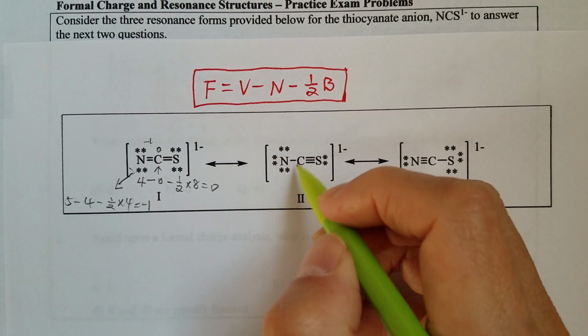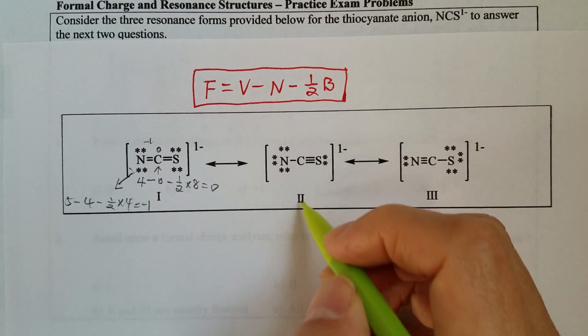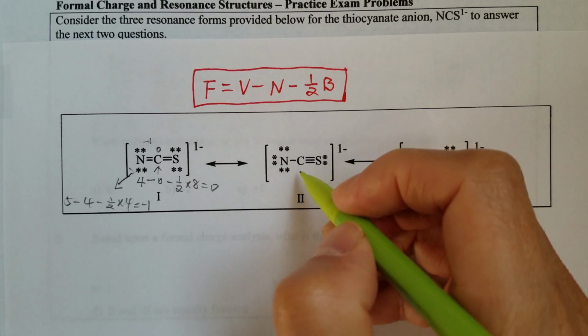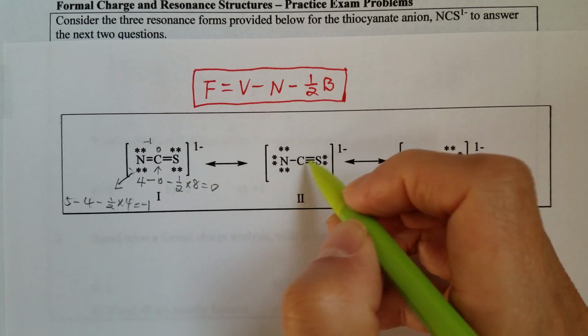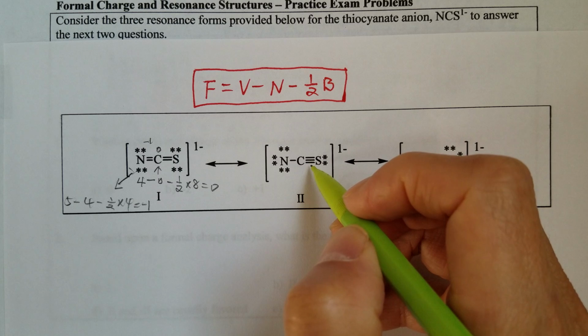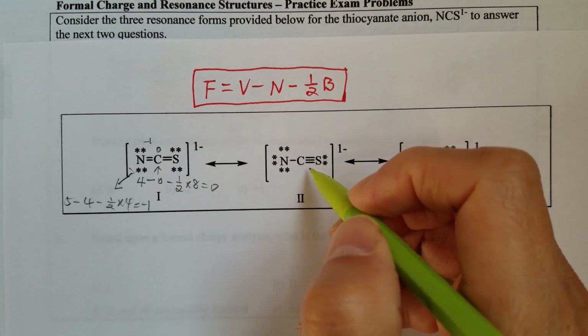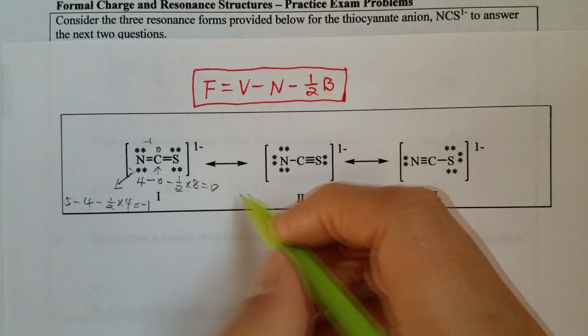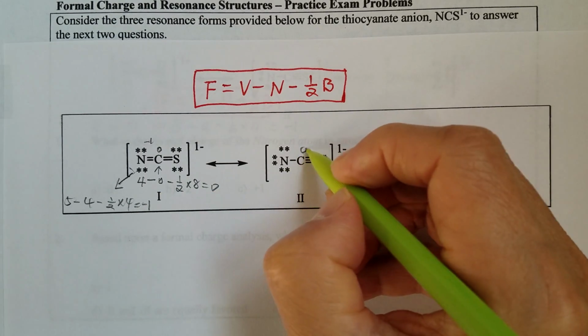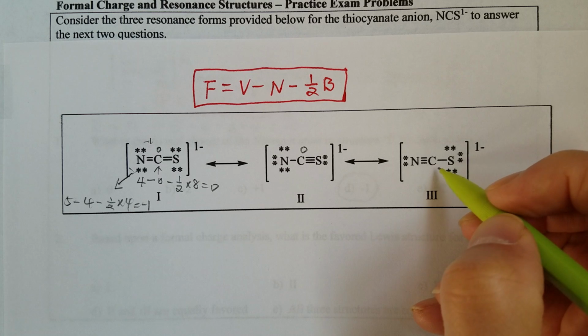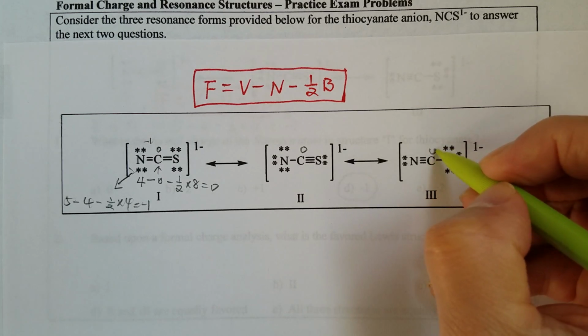Let's finish carbon for structure 2 and 3 as well. Again, no non-bonding, and then 4 lines, 1 single bond and 1 triple bond. So total of 4 lines, then that's 8 electrons. Still, that's 0. So that's the same calculation actually. And for here, same thing, 0.